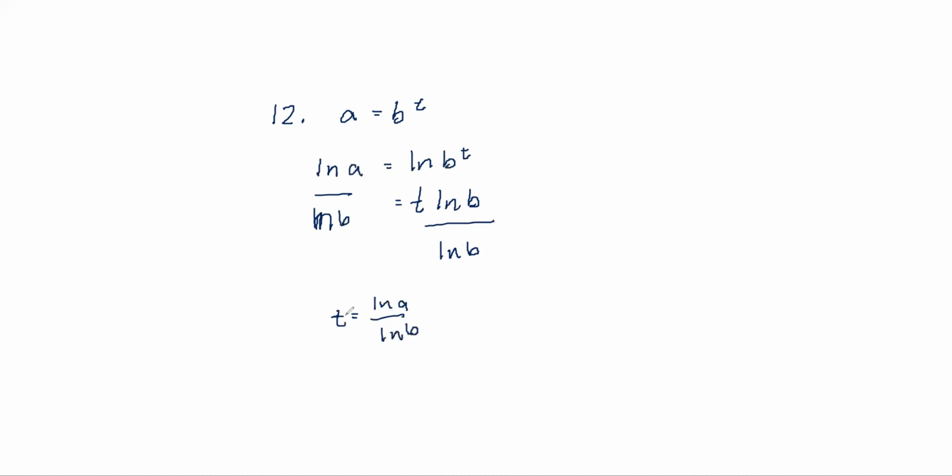Okie dokies. Let's take a look. What about question 14? This is 2p is equal to p e to the 0.3t.